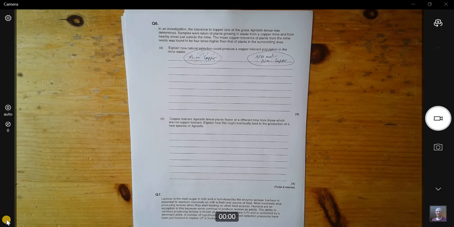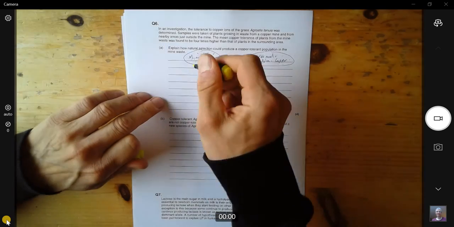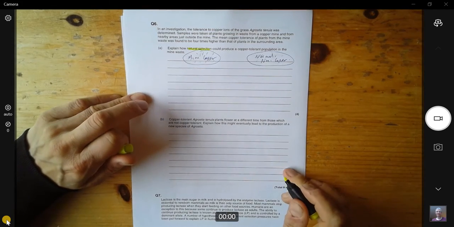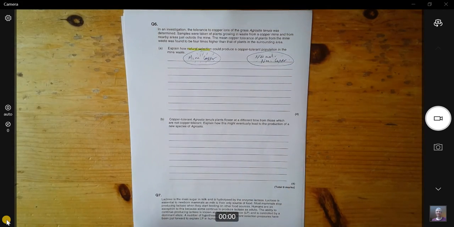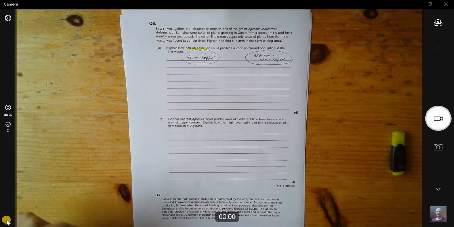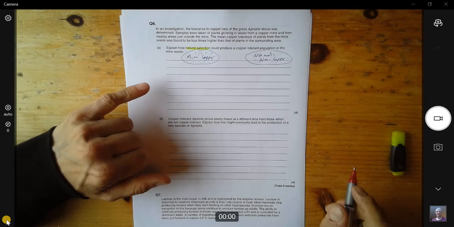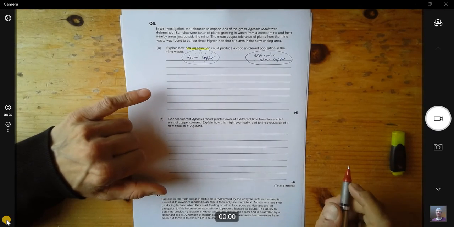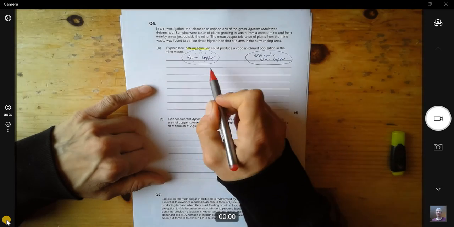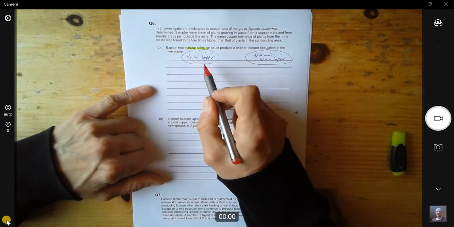Explain how natural selection could produce a copper tolerant population in mine waste. So we just need to bend our natural selection theory to this copper example. So remembering our natural selection theory, we've got variation in the grass population.